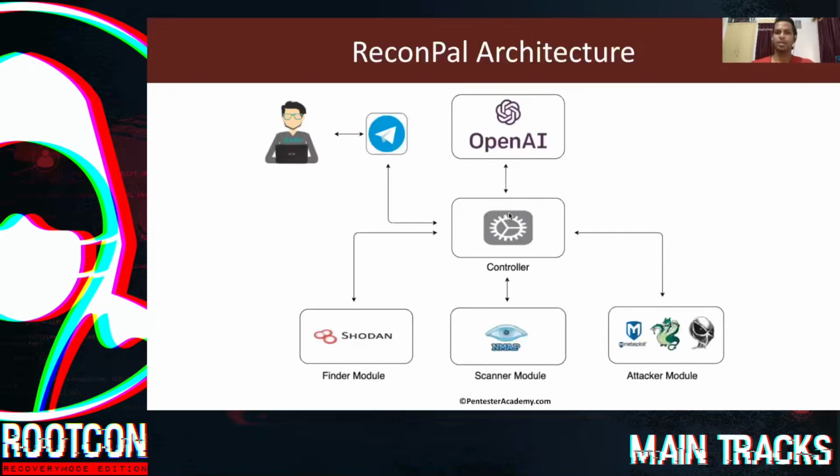Depending upon this information, the controller calls the finder module, scanner module, or the attacker module. The finder module is used to find machines using the Shodan API. The scanner module is used to scan machines with tools such as Nmap, and the attacker module is used to perform attacks such as dictionary attacks using Hydra.